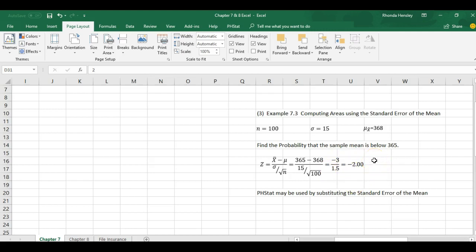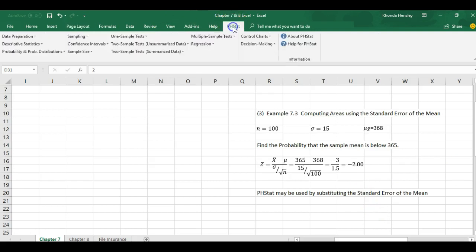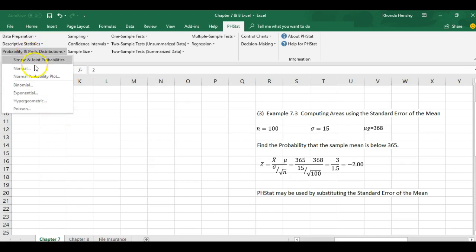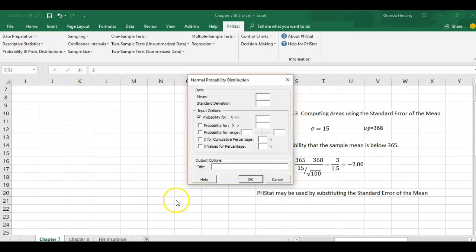And you would go to the normal distribution tables and you would look that up. You can also use PHStat. I've got PHStat open here, so let me just go to PHStat and probability distributions. And remember, you did normal for your homework. Our mean in this problem is assumed to be 368. Our standard deviation is, we are going to use the 1.5.